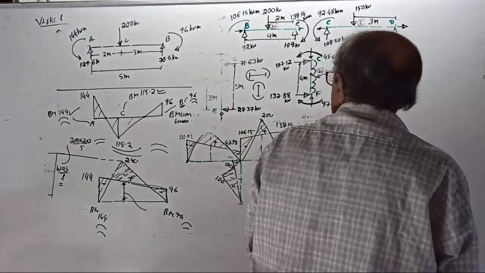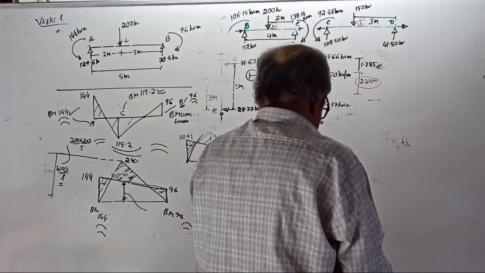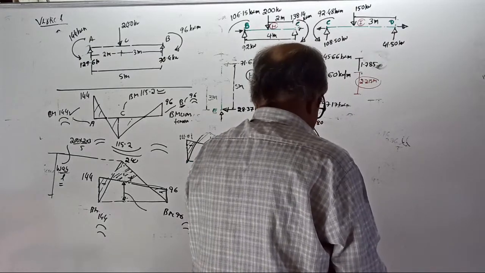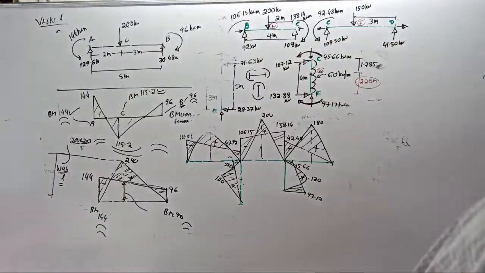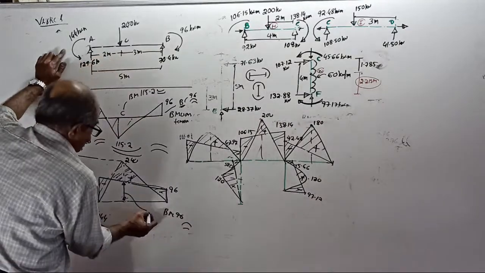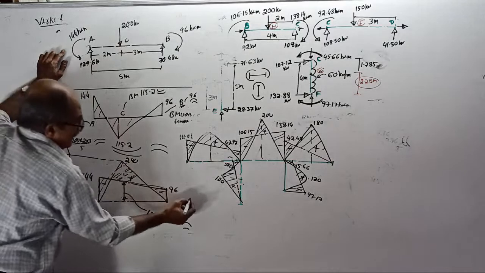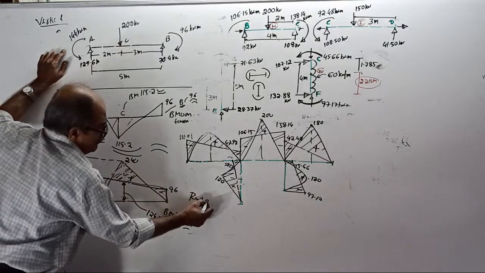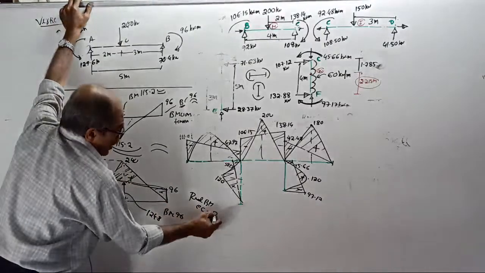By interpolation, left side is 144, right side is 96, for a length of 5. By interpolation, that answer is 124.8. Therefore, the real BM at C is: this full is 240.